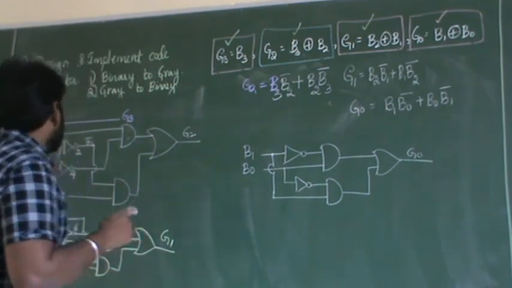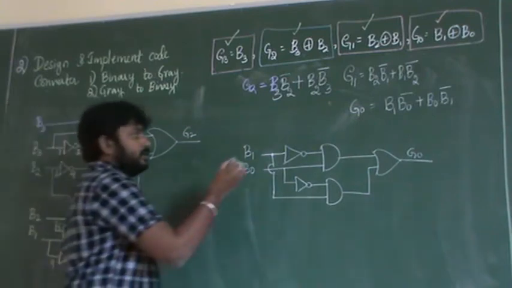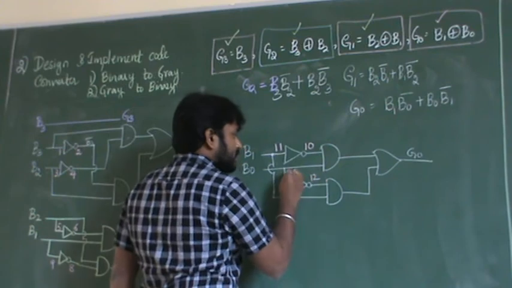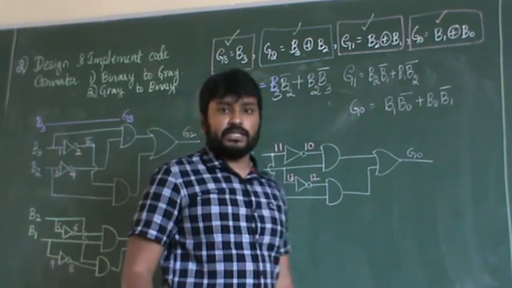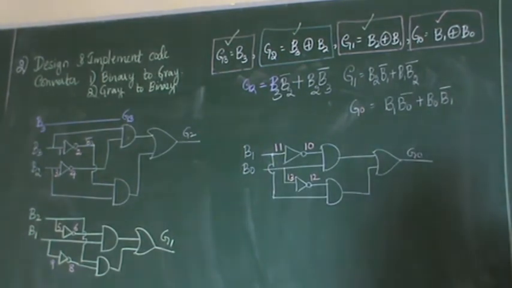So therefore 1, 2, 3, 4, 5, 6. Next, 7 we are not using. 8, 9. Then 10, 11, 12 and 13. Just check the pin numbers whether they are correct or not by referring to the pin configuration of the NOT gate.